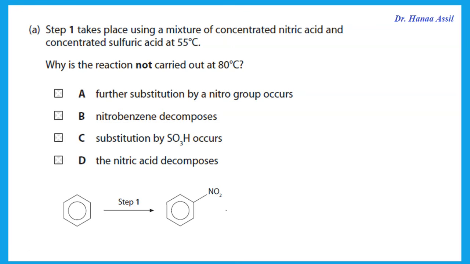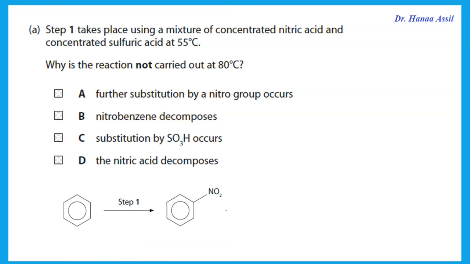This was step 1, where we reacted benzene with something to put a nitro group on the benzene. And we know that in order to put a nitro group on the benzene, we should use concentrated nitric and concentrated sulfuric acid. Now, we are told that it should be done at 55 and not at a higher temperature. Why is that?